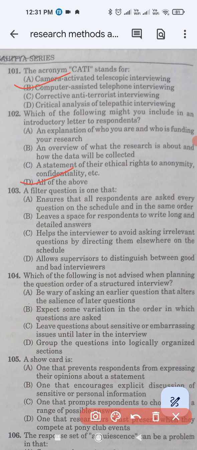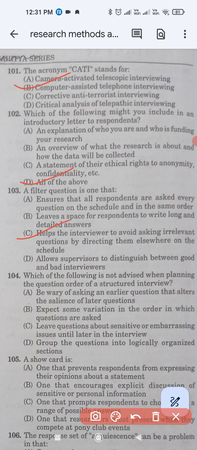And option D, allows supervisors to distinguish between good and bad interviewers. So the correct answer of this one is option C, helps the interviewers to avoid asking irrelevant questions by directing them elsewhere on the schedule.